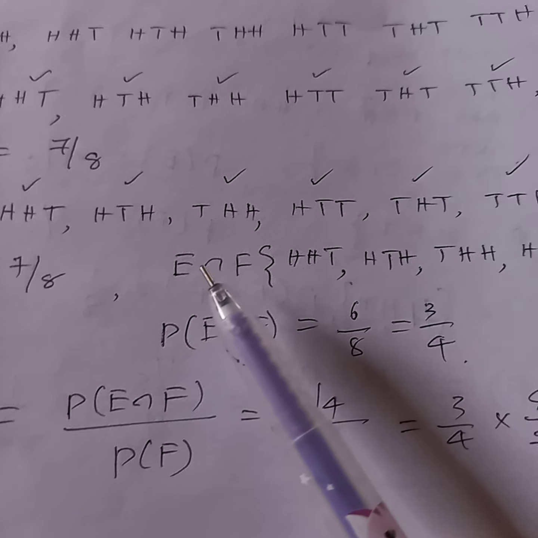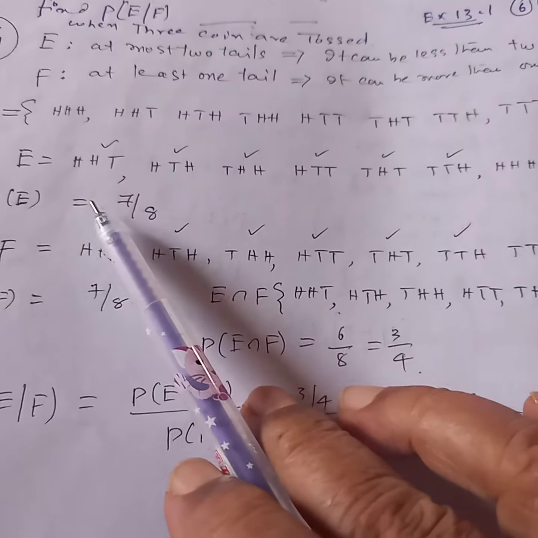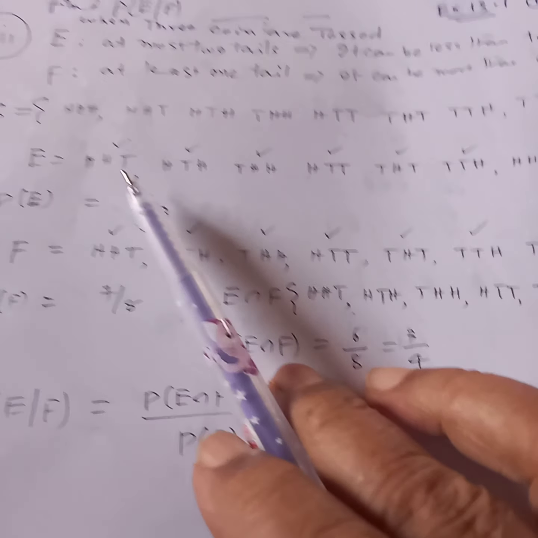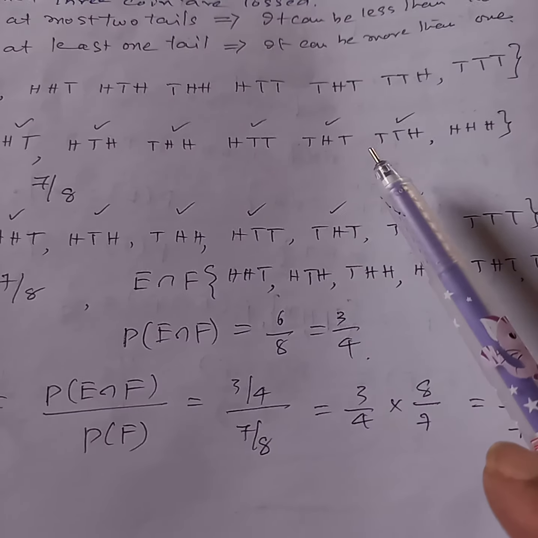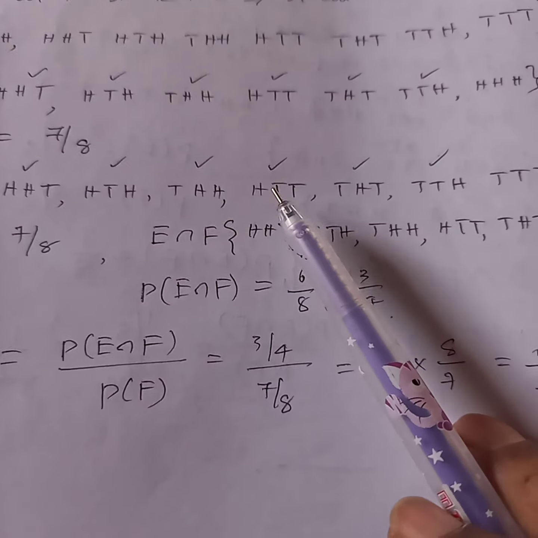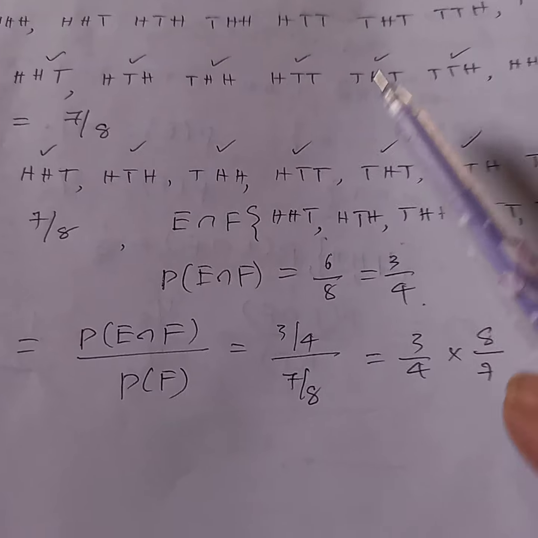E intersection F means the common elements between E and F. I have marked them. 1, 2, 3, 4, 5, 6, and here also 1, 2, 3, 4, 5, 6. So these 6 elements are common between these 2 sets.